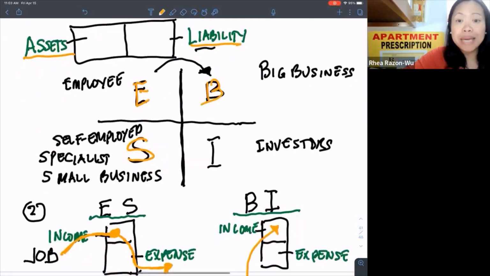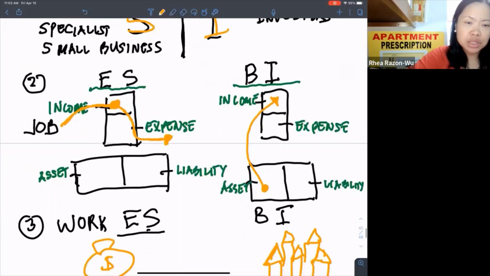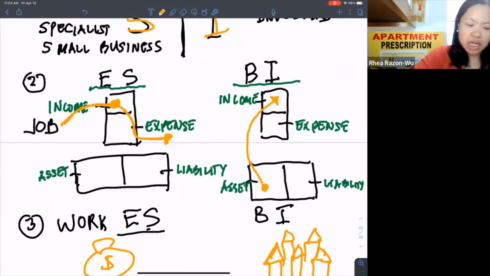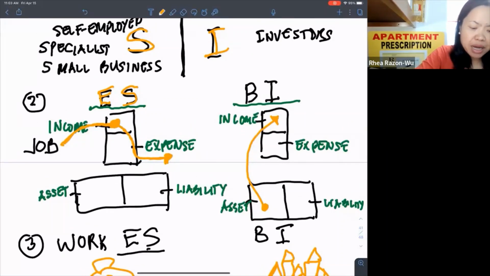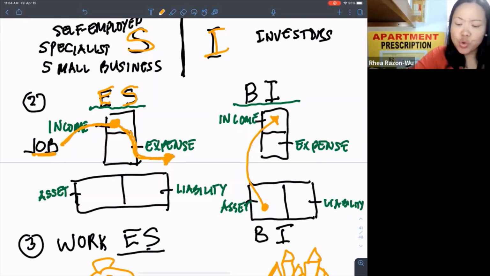B stands for big business, more than 500 employees. I stands for investors. Point number two, when it comes to income, for the employee, small business, specialist, the self-employed, their money comes from the job and it goes to their income. The taxes are being paid here, so whatever is left gets paid to the expenses. Your mortgage, your food, your enjoyment.